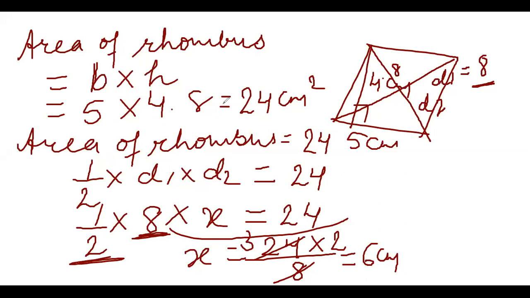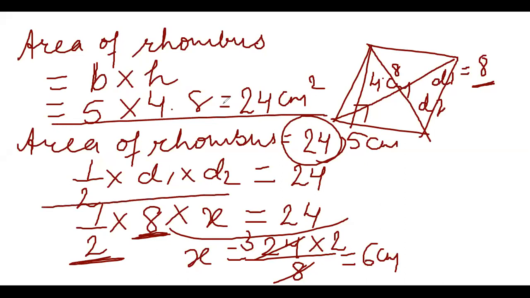So other diagonal is 6 centimeter. Area first of all we have found using base and height. Then we used the diagonals formula, kept it equal to the area, and from there we found out the other diagonal. Now complete up to exercise 11.2 from question 1 to 6.